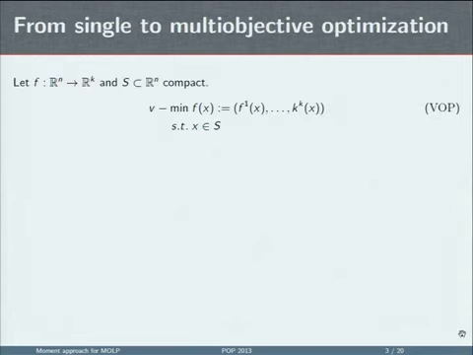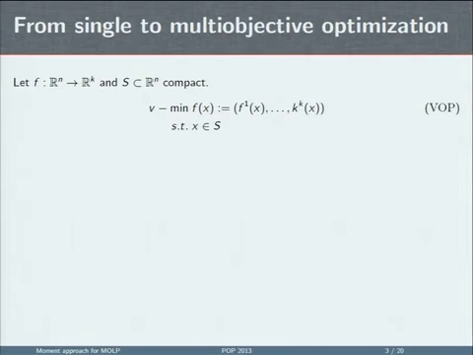Let me start with some formal definition of the problem. The standard way to present a multi-objective problem in finite dimension is that you are given a function which goes from R^k to R^n, and you are given also a compact set, and you want to find what is called the vector minimum of those problems.